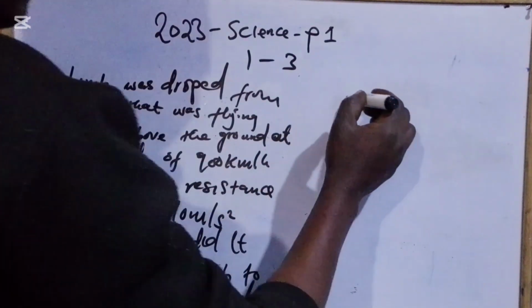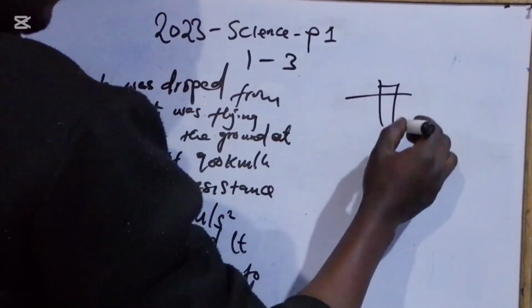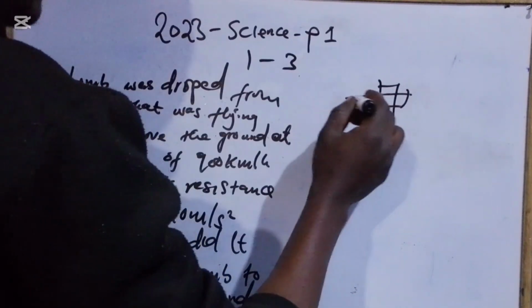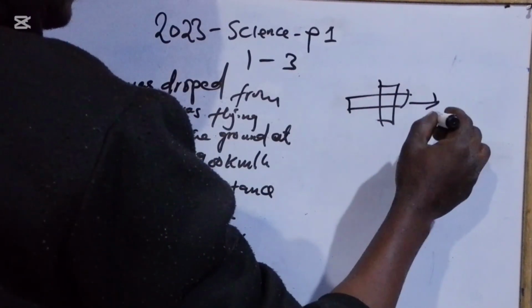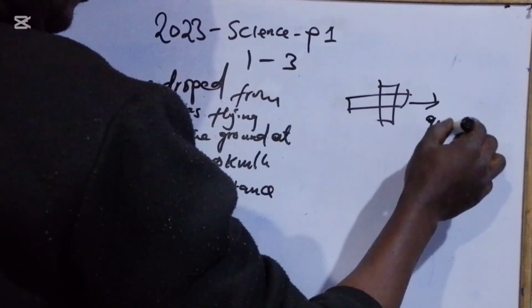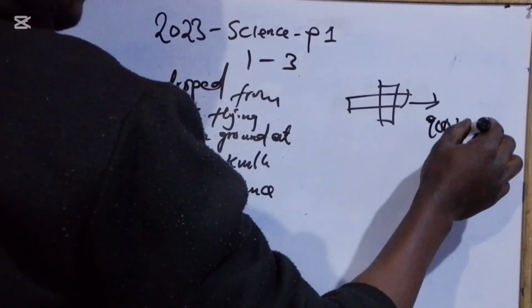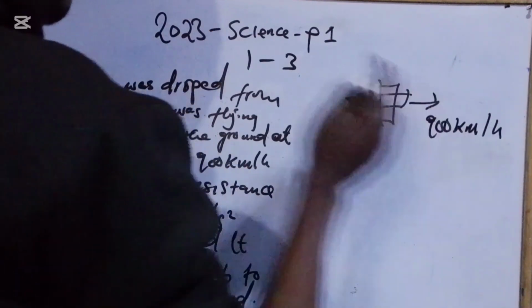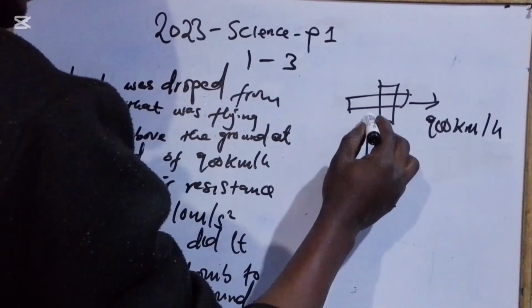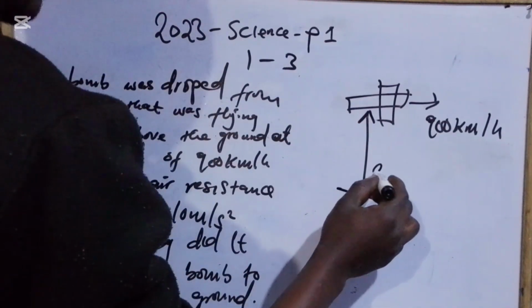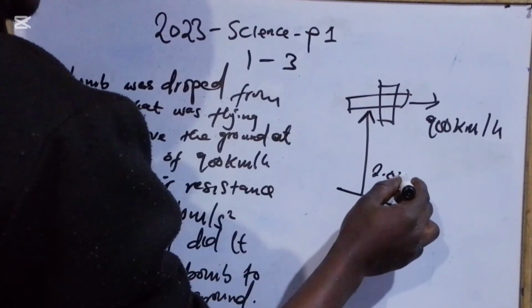So we have this plane here, don't mind my drawing. It was going in this direction at a speed of 900 kilometers per hour, and the distance from the ground is 2.0 kilometers.